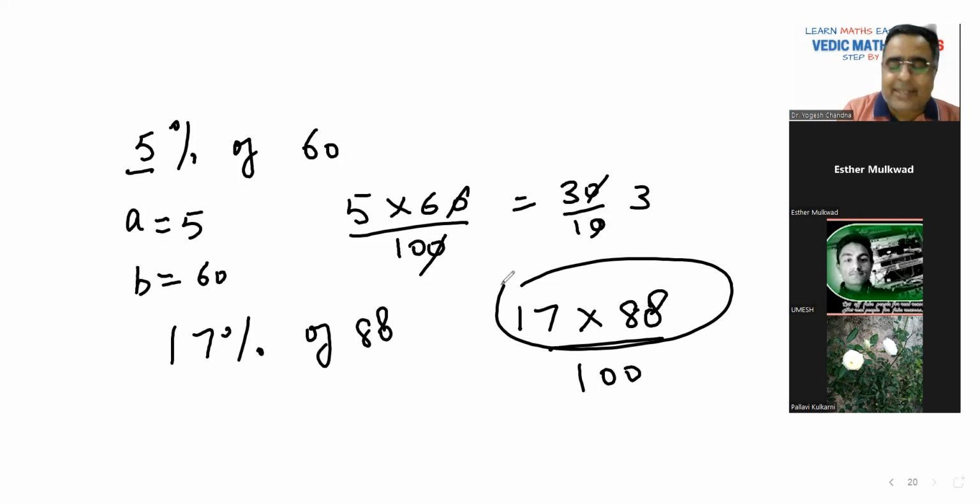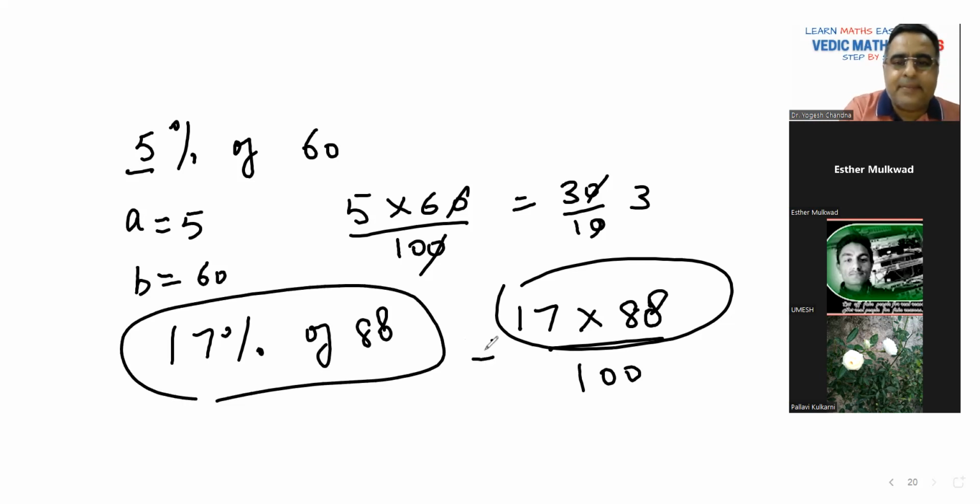See, more you'll practice, more questions will be there. If you'll not practice, no questions would be there. So what is this answer? 17% of 88. Find out.